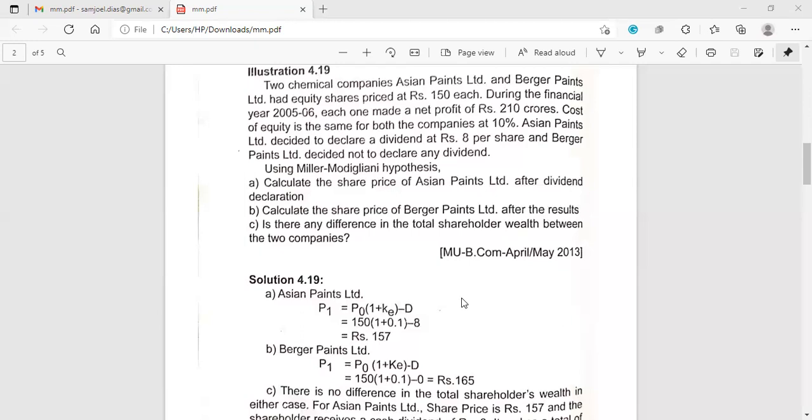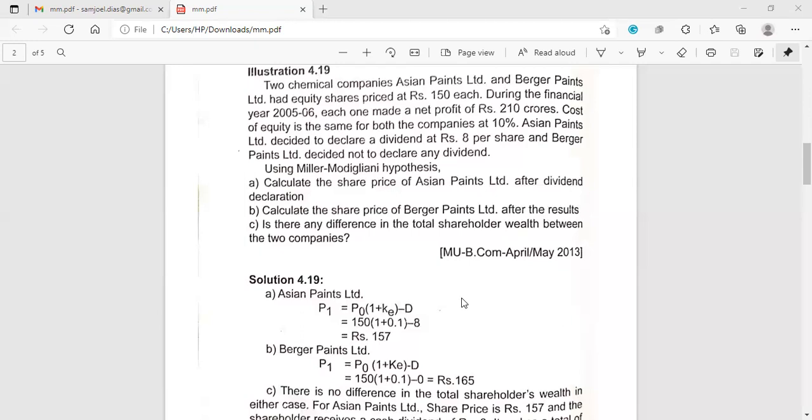The formula is P1 is equal to P0 into 1 plus KE minus D. Now here P0 is the beginning value. In the problem it is given that the two chemical companies have identical share prices, that means the same share price, 150 rupees each. In the first line itself they have given.